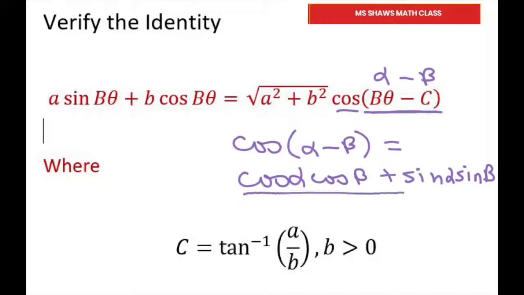So just remember that formula because we're going to be using that. And recall that this is really your radius. All right? Okay, so we're going to go over that.